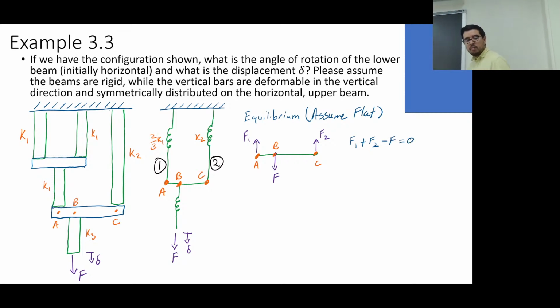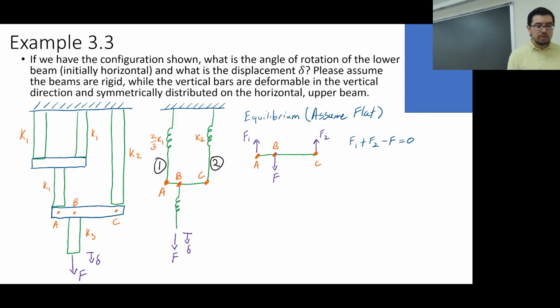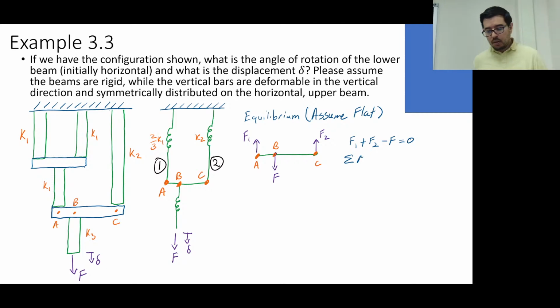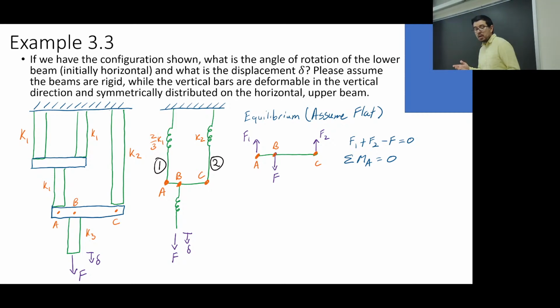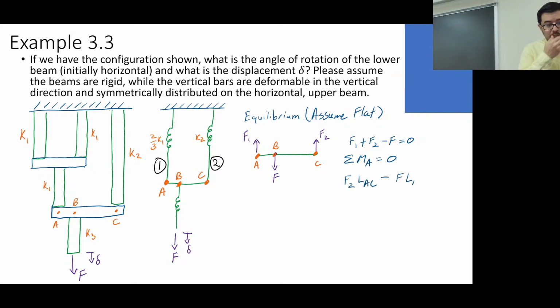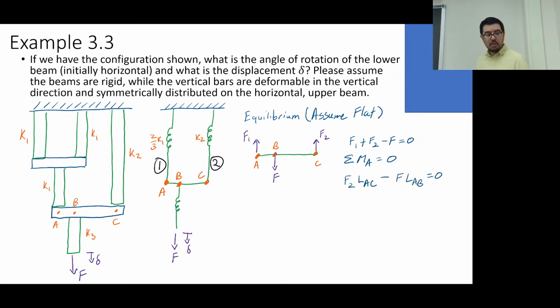All right, equilibrium of forces. This is straightforward, right? So F1 plus F2 minus F equals 0. And then, of course, when we do the moments, we better also choose a location. So we know what F is actually, because F is going through this piece right here, and the force going through the spring is the same as the force acting on B. So why not eliminate one of our unknowns, right?